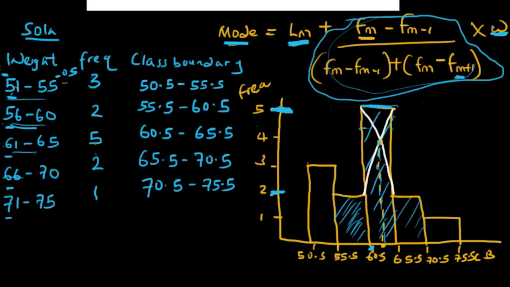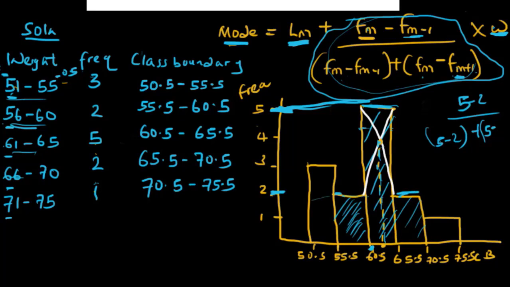Now if I try to calculate the mode for this one, just a rough estimate, I know Fm, which is the frequency of the modal class, to be the frequency of this long bar, that is 5. Fm minus 1 is the frequency of the bar before it, so that is 2. So we have 5 minus 2 all over 5 minus 2 here, plus Fm, which is 5, minus Fm plus 1, the frequency of the bar after it.